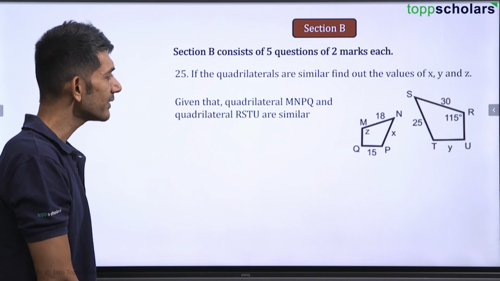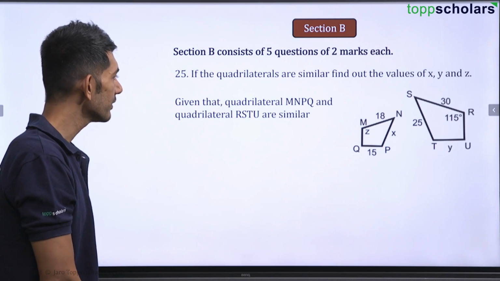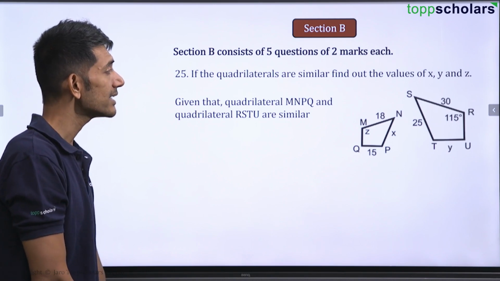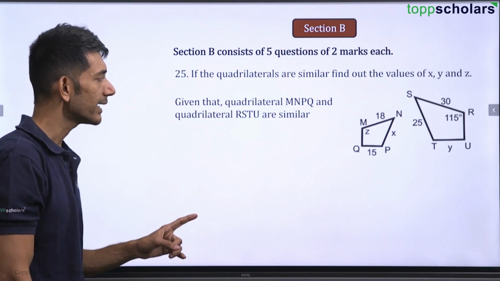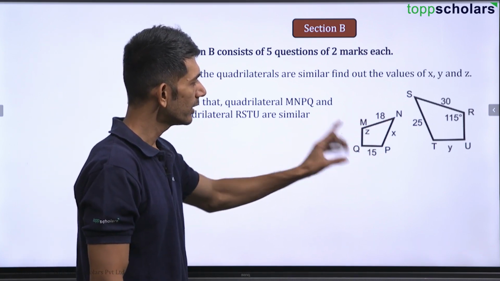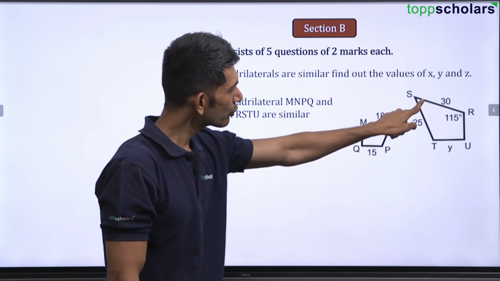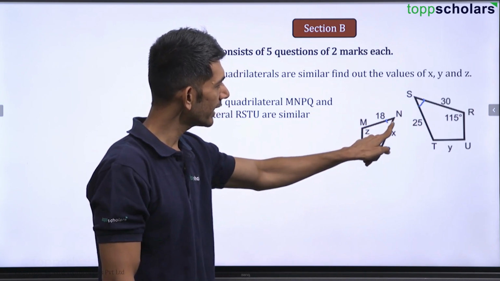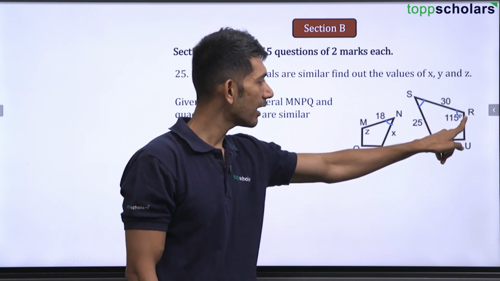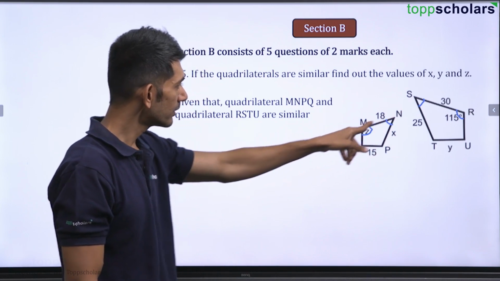So clearly it is given that MNPQ is similar to RSTU. Understand, MNPQ is similar to RSTU. So this S goes with N, this big angle R goes with M, right?